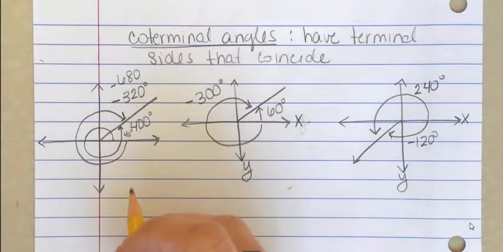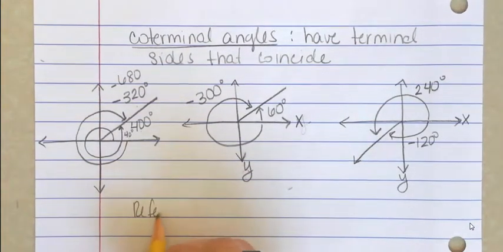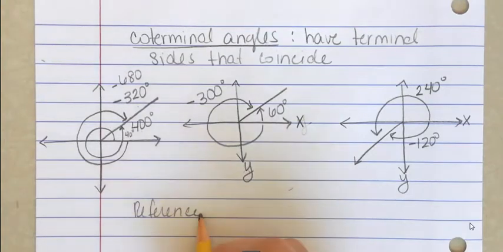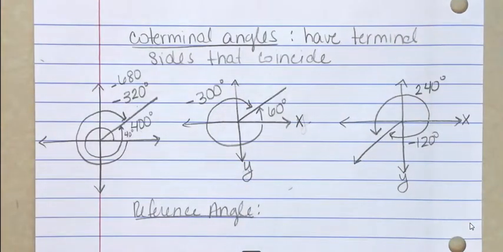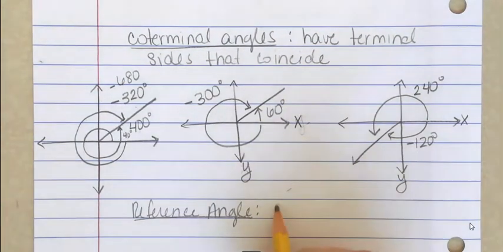Next, we're going to talk about reference angles. And basically, the reference angle is the positive acute angle between the horizontal axis and the terminal side.